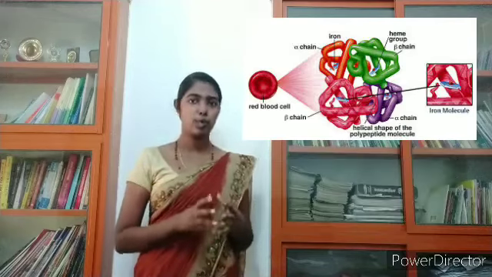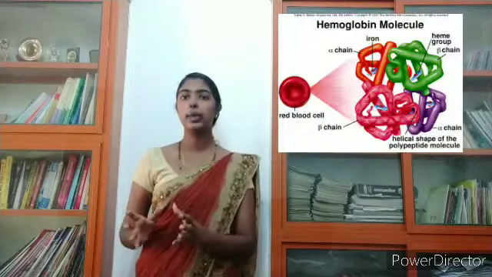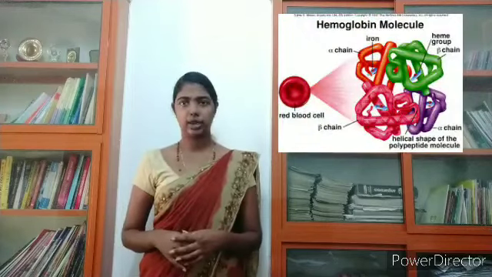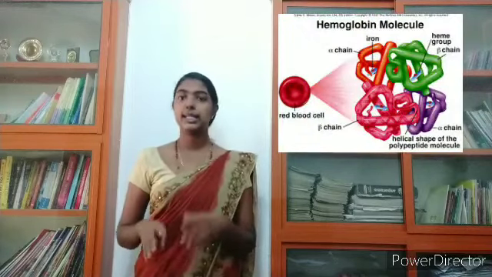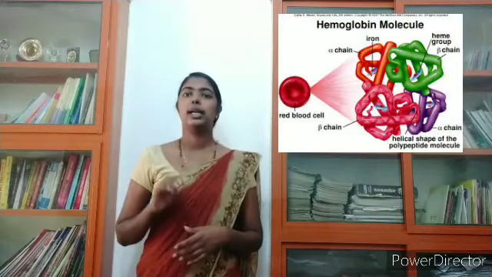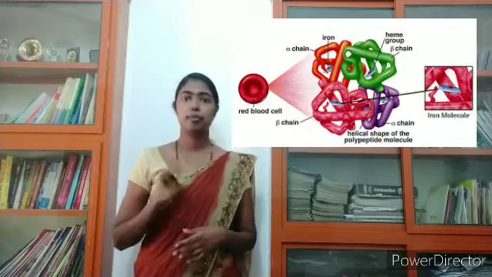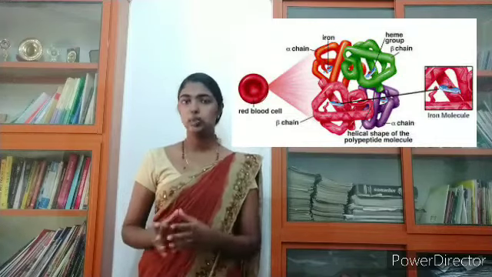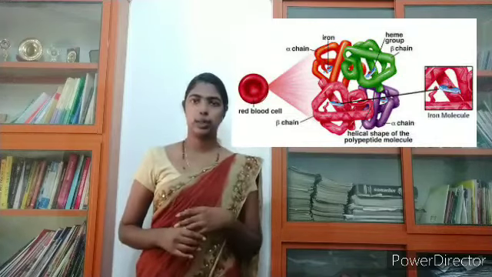Heme is the non-protein part and it contains iron in it, to which oxygen is attached. And globin is the protein part of hemoglobin. It has 4 protein strands, and each protein strand has a heme unit.